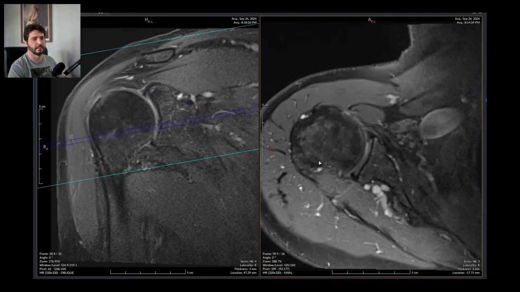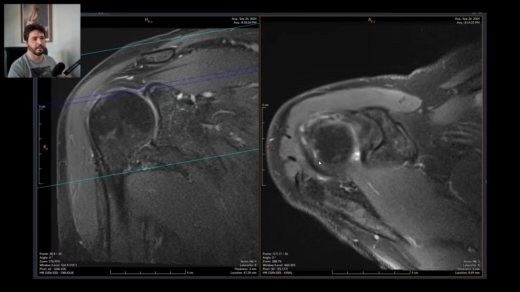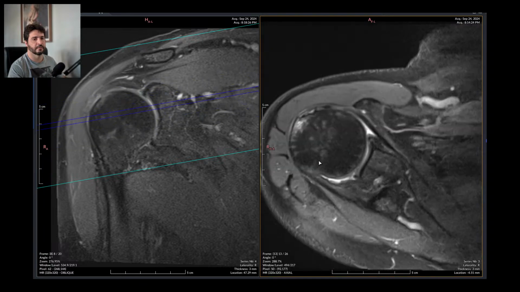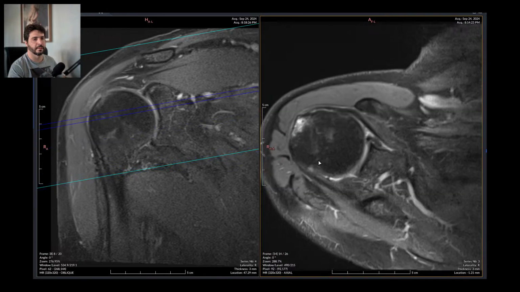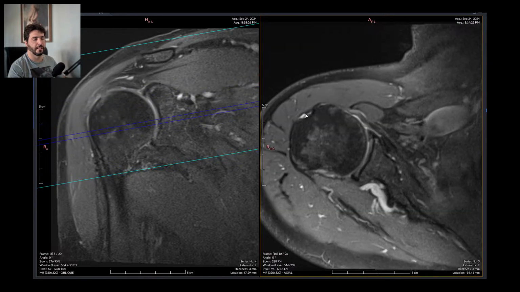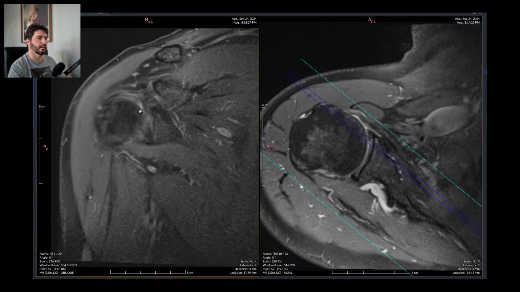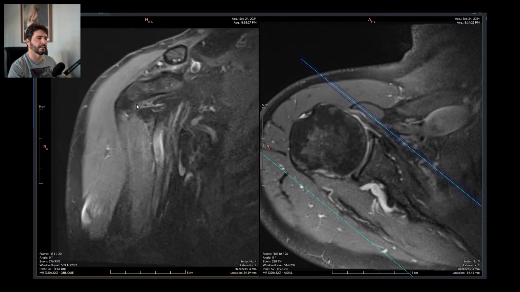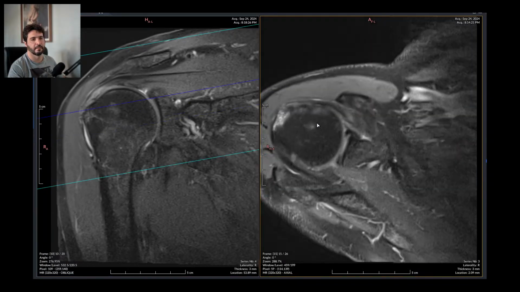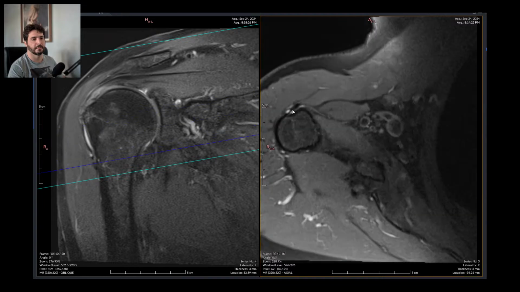Yes, kind of. I can almost see that on the axial view. It's enough. I feel like there is a thinning of the long head biceps tendon right there. See?